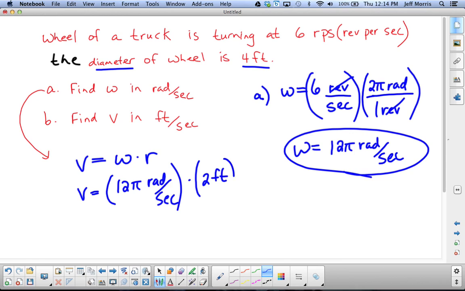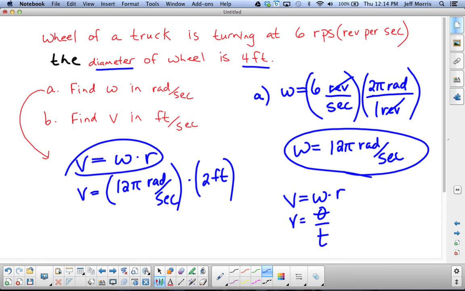Now let me show you what happens with the units here. We just proved a few minutes ago that linear velocity, omega times r, was really theta divided by t times r, which was really arc length divided by time. Since it's really arc length, and arc length is really just a length, radians mean nothing now.